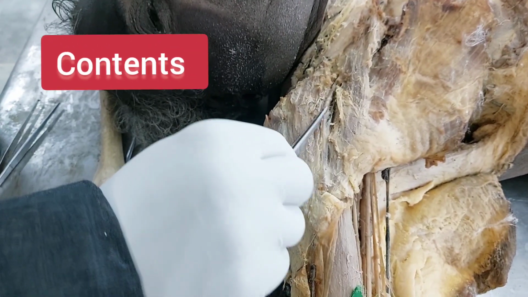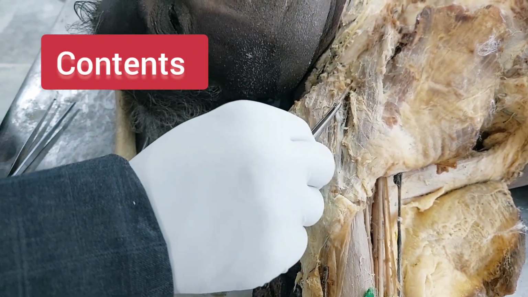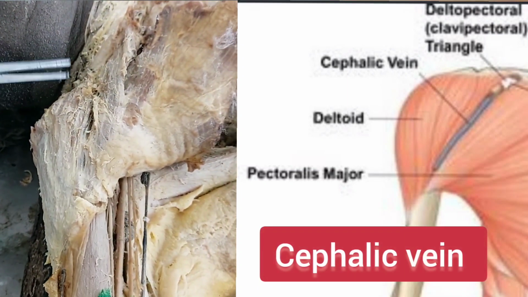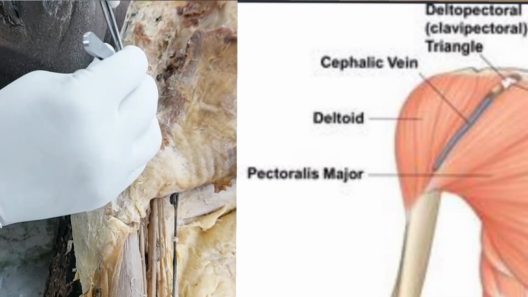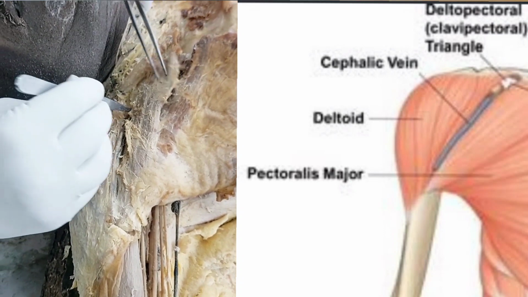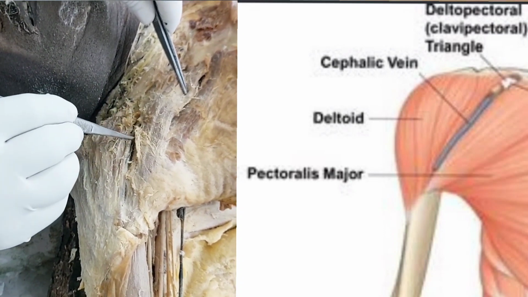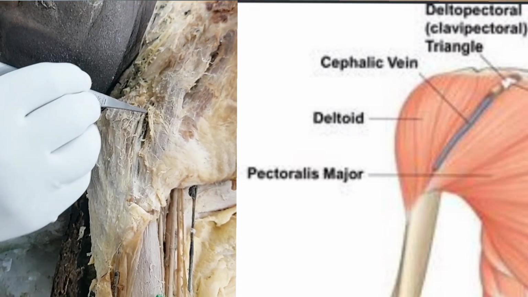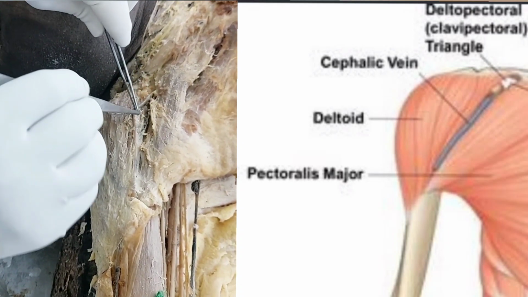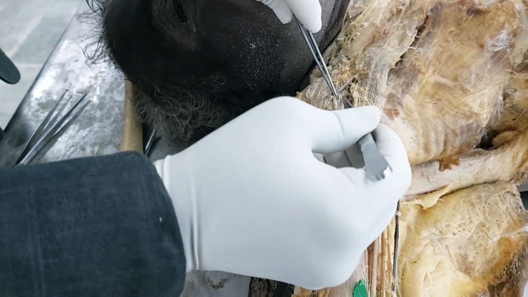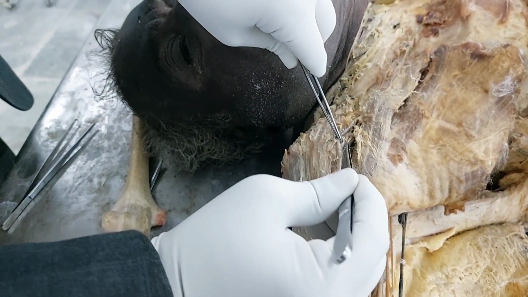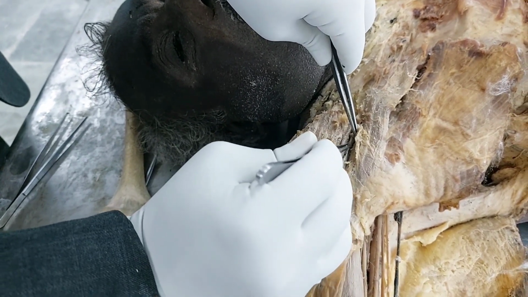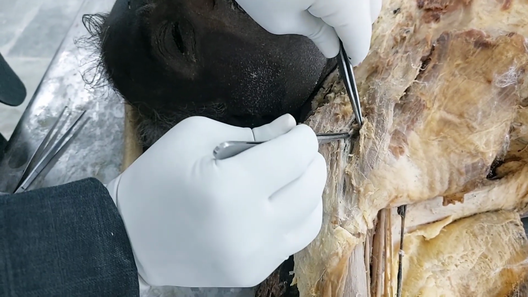The main content is the upper part of the cephalic vein. This vein is the cephalic vein, which is going to join the axillary vein after piercing the clavipectoral fascia. If you go deeper, here you see the clavipectoral fascia is pierced by this cephalic vein, and then it joins the axillary vein. Apart from this cephalic vein, you can see some blood vessels or arteries, and these are the branches from the second part of the axillary artery, and the branch is the acromiothoracic artery.